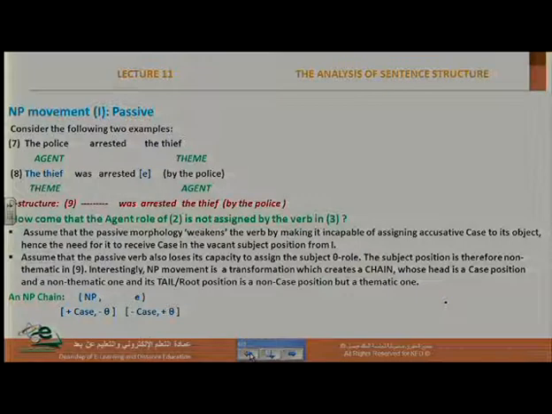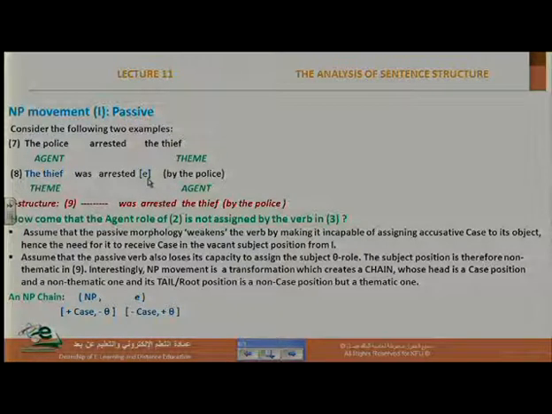Interestingly, NP movement is a transformation which creates a chain whose head, the subject position, is a case position and a non-thematic position, and its tail, the position that was left, is a non-case position, but it is a thematic position.